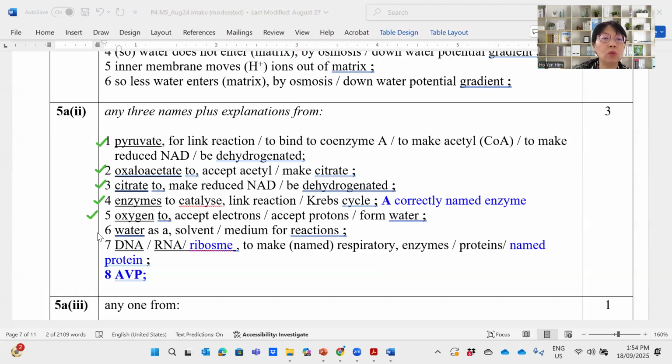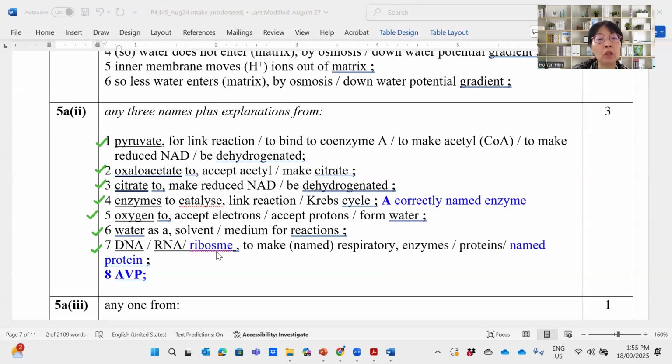So you must say that oxygen accepts electron and proton to form water. So what does water do? Okay, water acts as a solvent for all the substrates involved from number 1 until number 5. And then, of course, what other molecules? DNA, RNA are molecules, right? They are nucleic acids, they're molecules. Ribosome is also a molecule. Ribosome is a nucleoprotein, right?